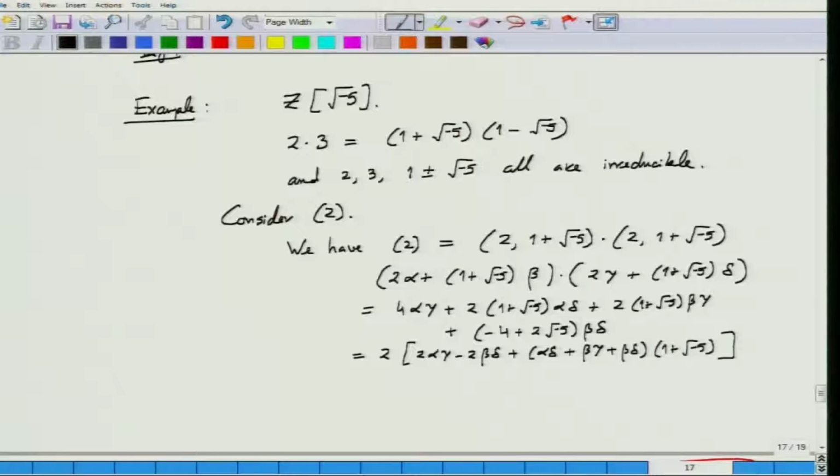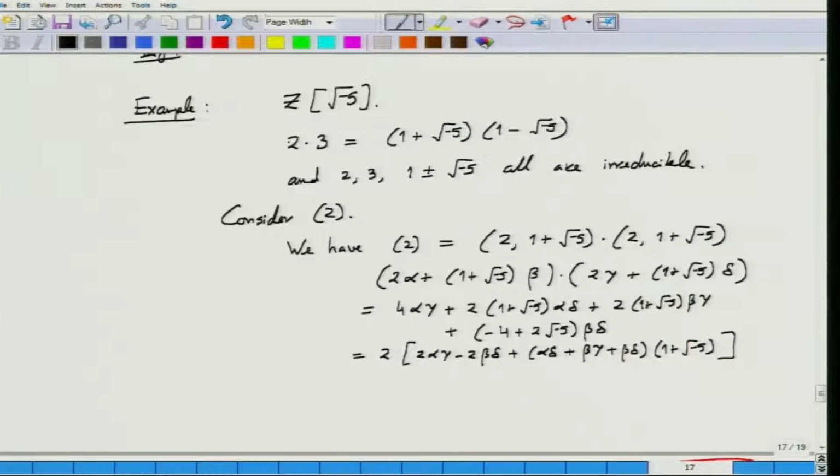So unique factorization property in this sense doesn't hold in the ring. Now when instead of looking at these as numbers, if you look at these as principal ideals, then we have unique factorization property again.